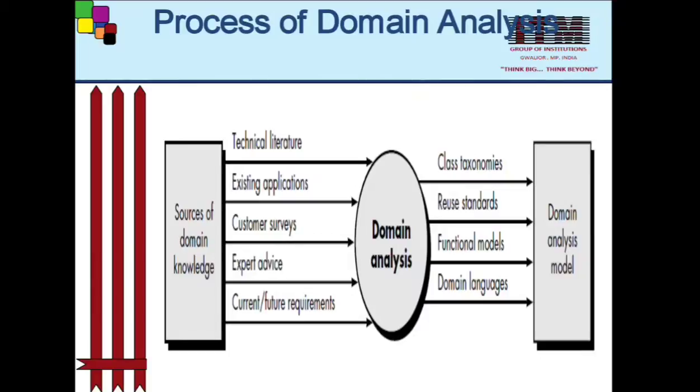Basically in this figure, the key inputs and outputs for the domain analysis process are shown, and sources of domain knowledge are surveyed in an attempt to identify objects that can be reused across the domain.